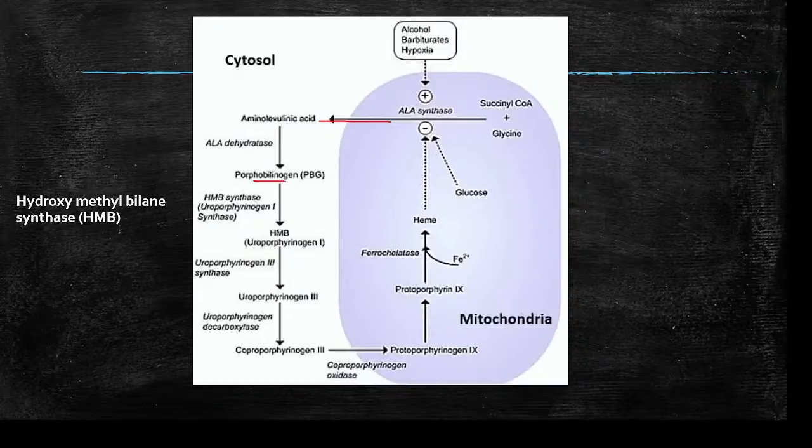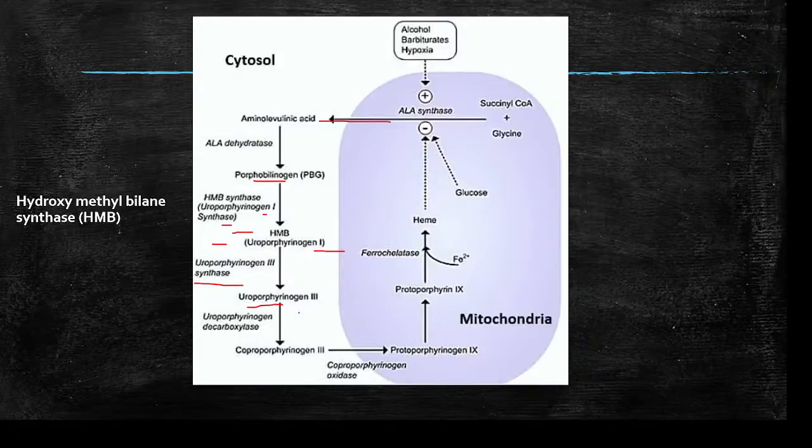Then by the action of hydroxymethylbilane synthase, or what we call uroporphyrinogen 1 synthase, this is converted into hydroxymethylbilane, or we call that uroporphyrinogen 1. This uroporphyrinogen 1 is converted to uroporphyrinogen 3 by the action of uroporphyrinogen 3 synthase.